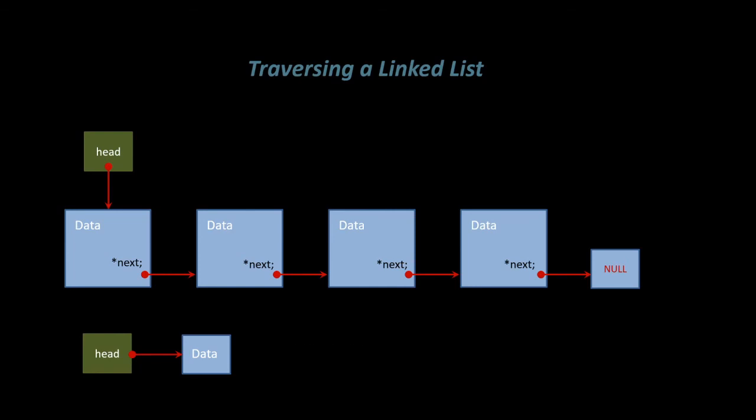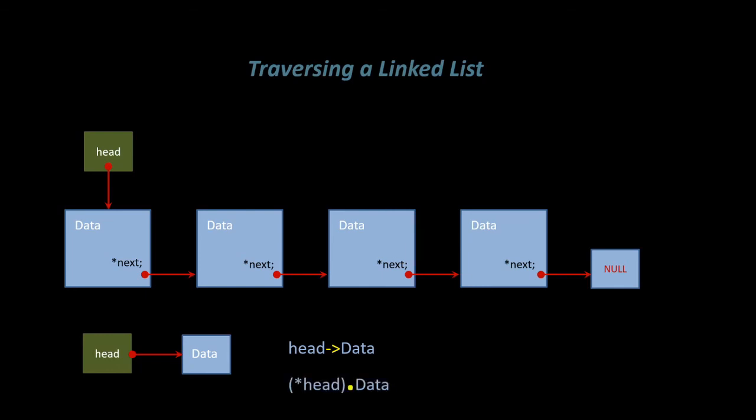There's a certain syntax we have to use to access that data because head is a pointer. I need this little dash with the angle bracket, and it creates an actual arrow that's pointing. That's the syntax for dealing with pointers.